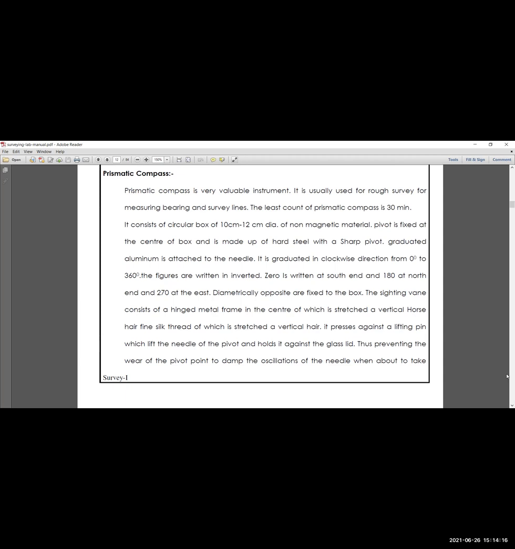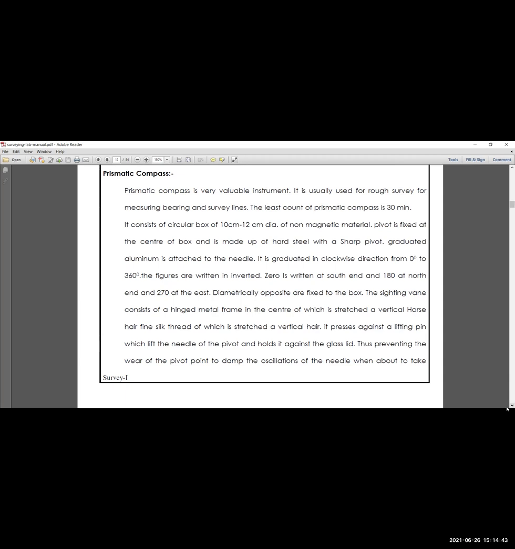A graduated aluminium ring is attached to the needle and it is graduated in clockwise direction from 0 to 360. The figures are written inverted. 0 is written at south end and 180 at north end. Also 270 at east. The sighting vanes are diametrically opposite and fixed to the box.